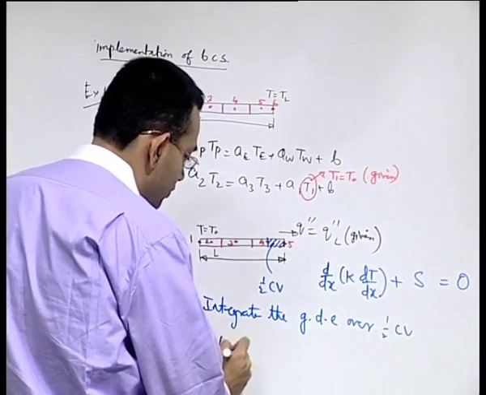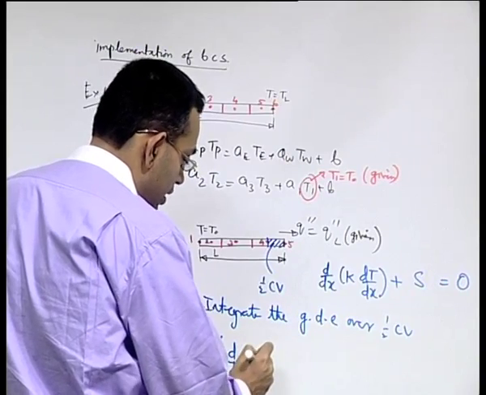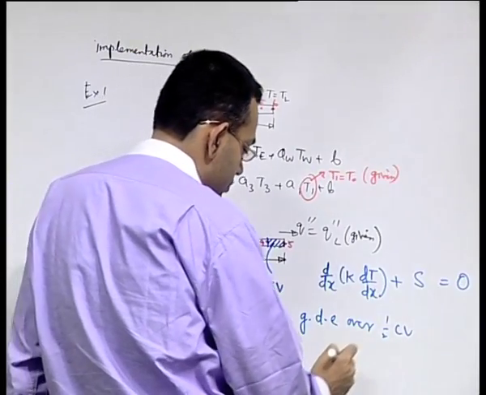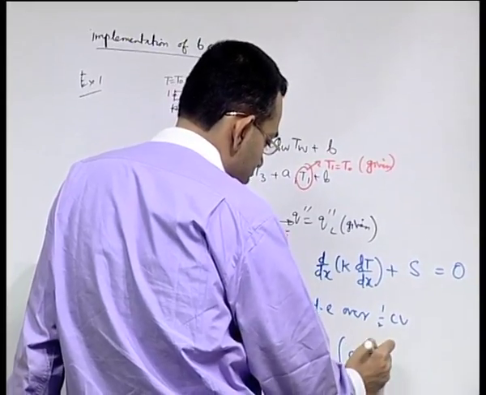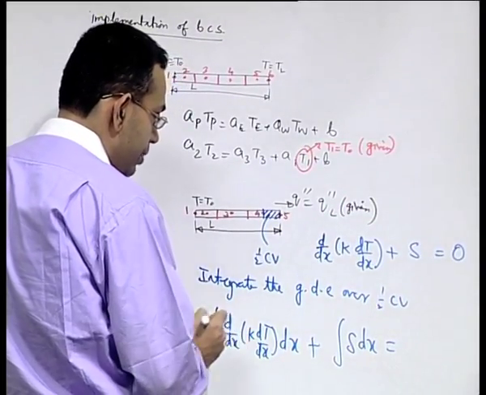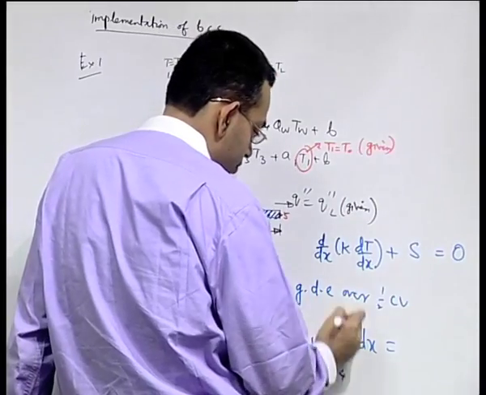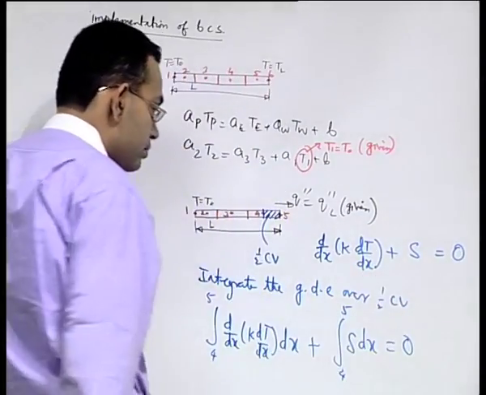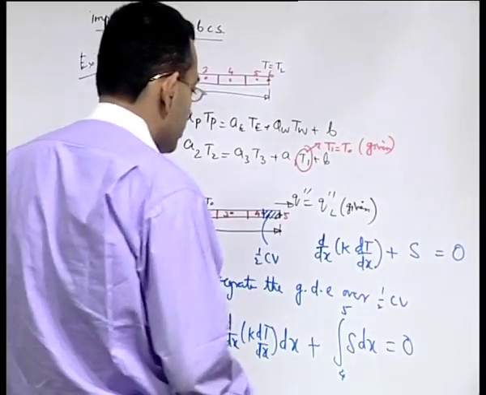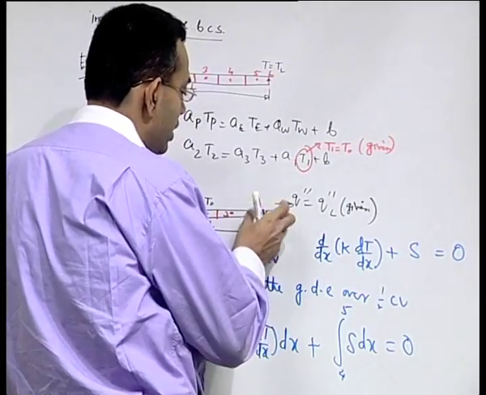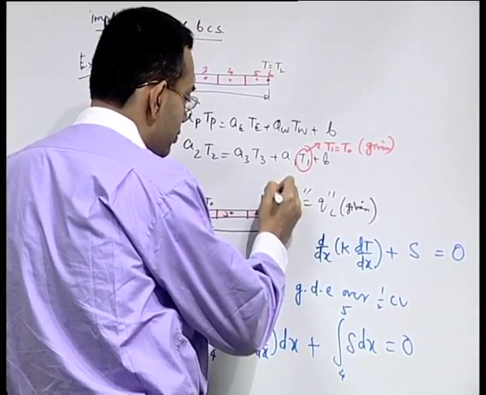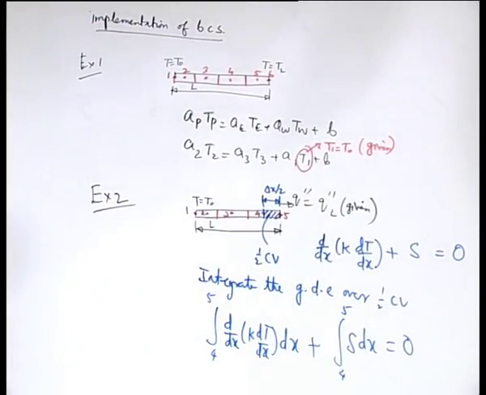So, integral of d dx of k dT dx, the limit of integration is from grid point 4 to grid point 5. If the total length of the control volume is delta x, then this is delta x by 2, that we have to remember.